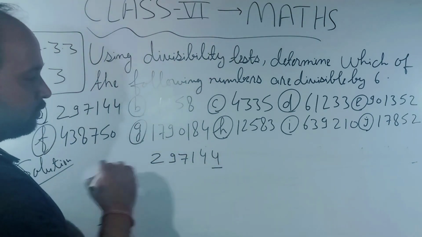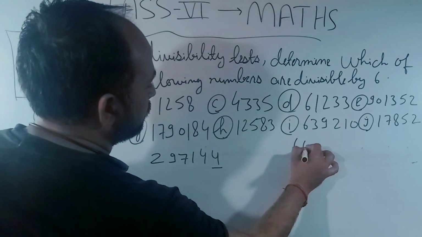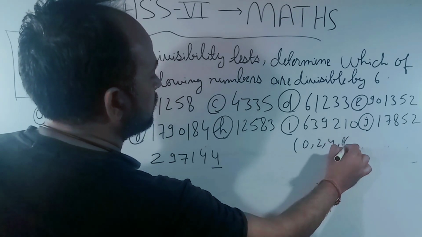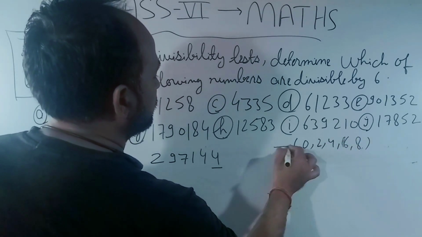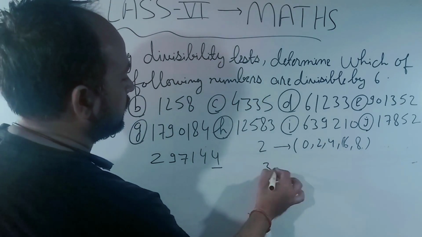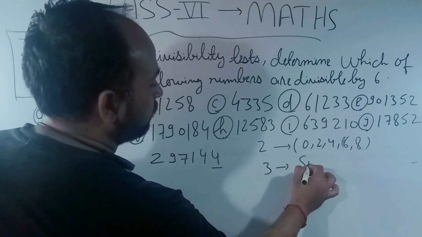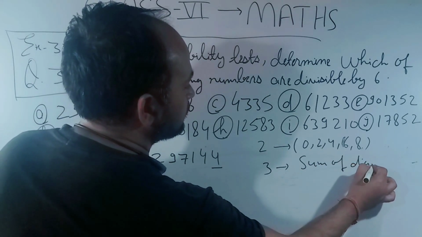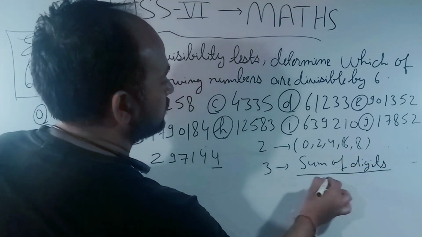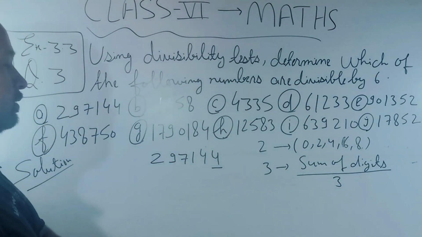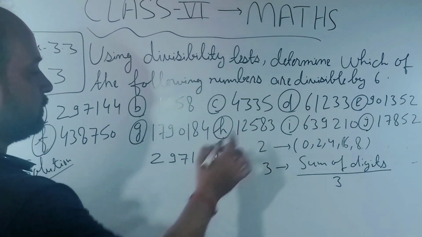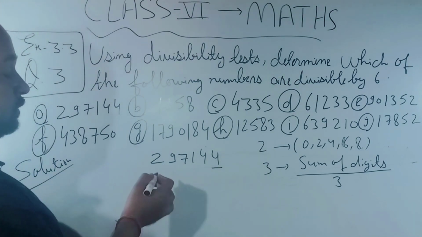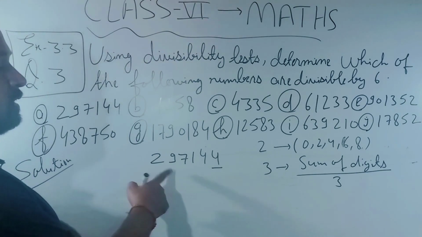See, the last digit 4 is coming from this group 0, 2, 4, 6, 8. So it is divisible by 2.